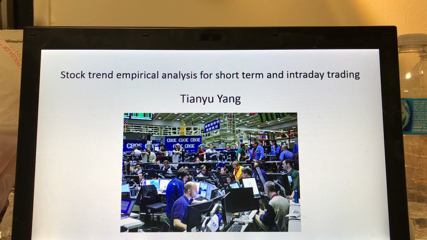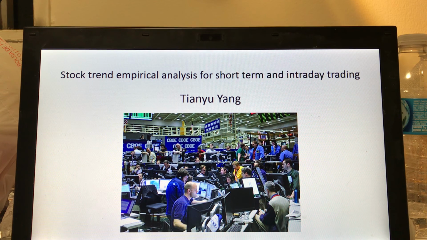But however, for option traders, picking a stock that is bullish, with high liquidity and a very broad range of news, is definitely a good choice. So I hope this empirical analysis can benefit you in your future intraday trading and short-term trading.